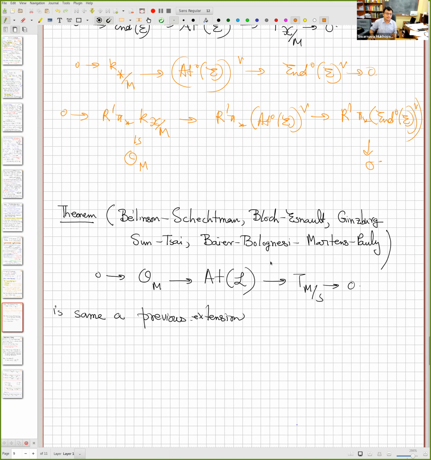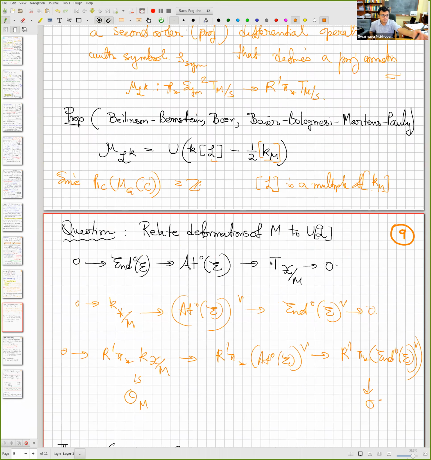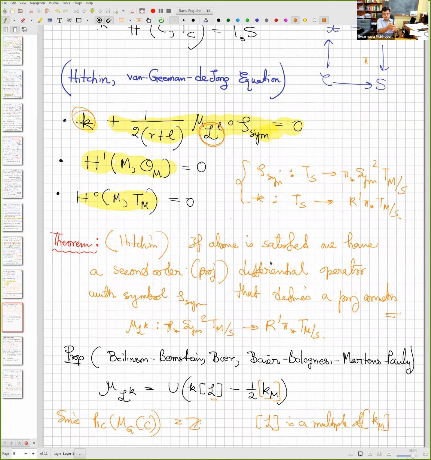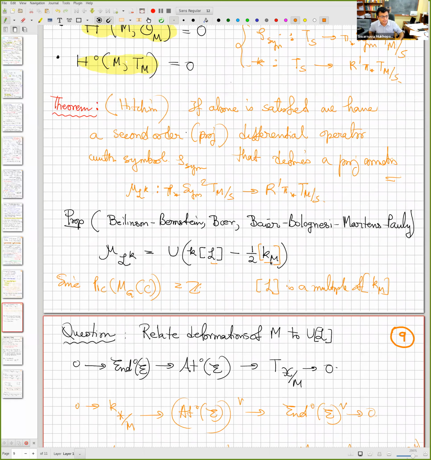Once this is done, you get a clear path of how this equation is proved. Now, what we don't have is that in the parabolic case, there are two bottlenecks. One bottleneck is that this fact fails for parabolic.